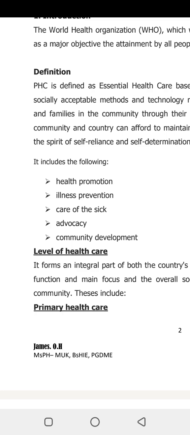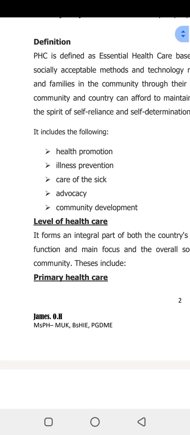Remember, PHC starts from the national level up to the grassroots. What do I mean by the grassroots? Here I mean the village level, because the village health teams, some of the members, represent the PHC, or what we call primary health care.